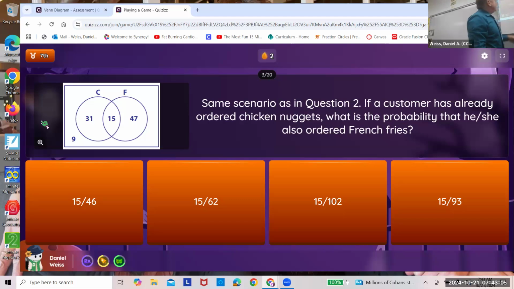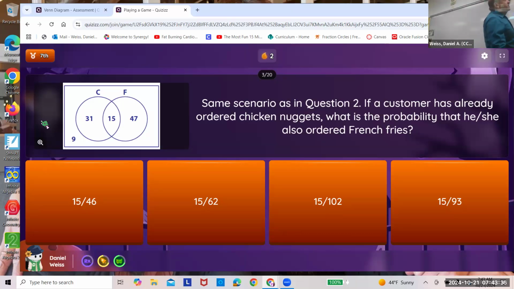31 plus 15, 46 plus 47, that's 93, right? Plus 9 would be 102, right? Does it make sense? It would be 15 out of, wait a minute, sorry, I take that back. It's not 102. Because it's saying if it only talking about the customers who ordered chicken nuggets.